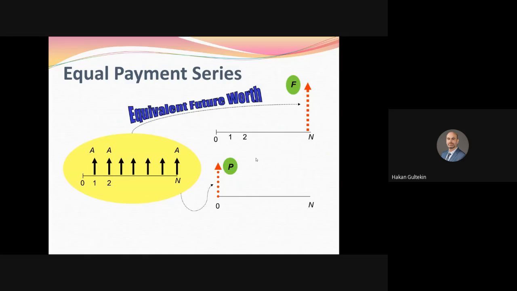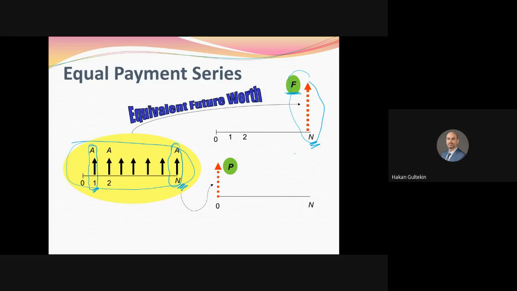Okay, so this is the kind of annuity, the cash flow, and we want to find its future value. But look, the first one starts at the end of first year, and the last one occurs at the end of nth year, and we want to find the future value at the end of nth year.